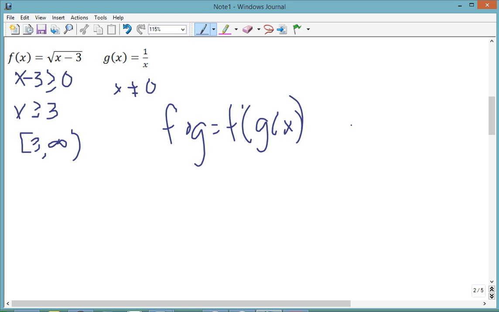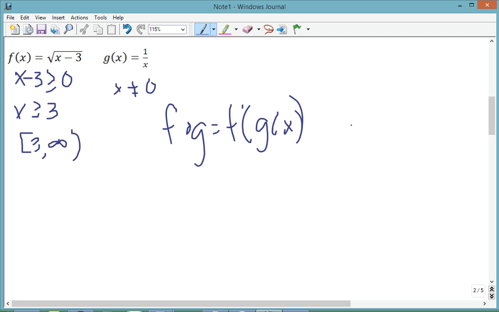What I do know is x can't be 0, because if x is 0 when I plug it into g, it already doesn't exist. Okay? So I know for sure in my domain that x will not be 0.